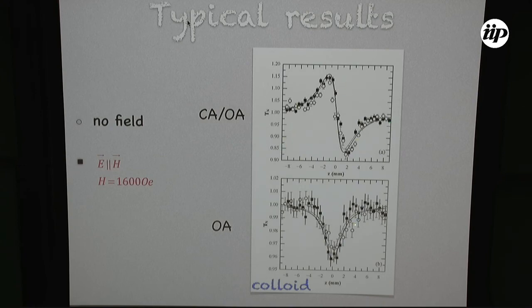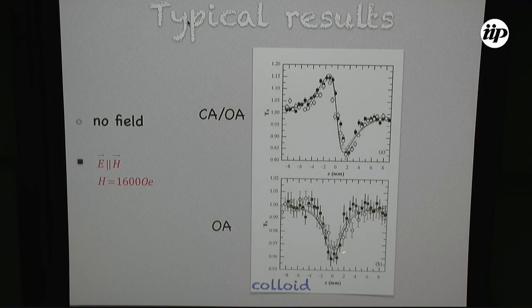And when you put the field here, you see the black points here are with the field parallel to H. This is the intensity of H. And without field, open symbols there. So the nonlinear index of refraction basically does not change when you put this field. And remember that this field is between 0 and the first critical field.